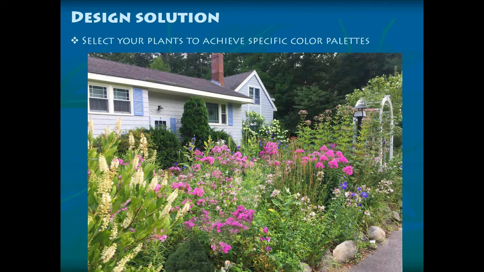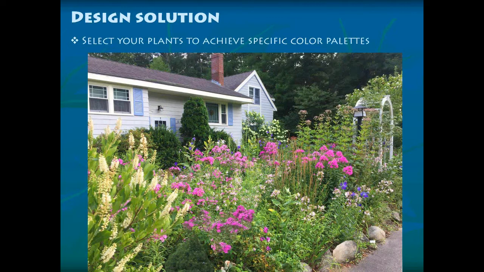So that way you can achieve a native plant garden like this, which is a pink, purple, and blue garden. And there's a little bit of white in there too, but very specifically selected native plants.